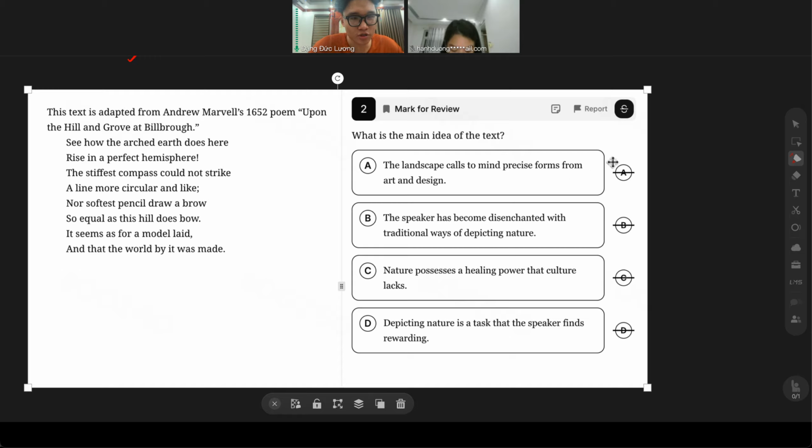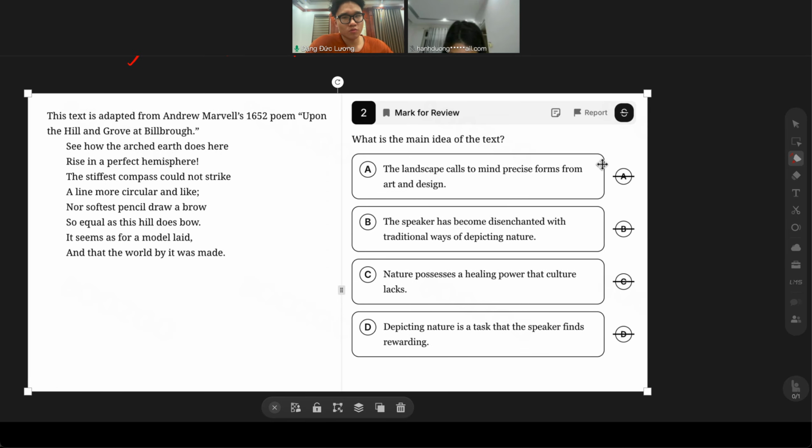It is a very tricky question, I think. And I think the way to do that kind of question is very similar to the later kind, the inference question. It is very similar.